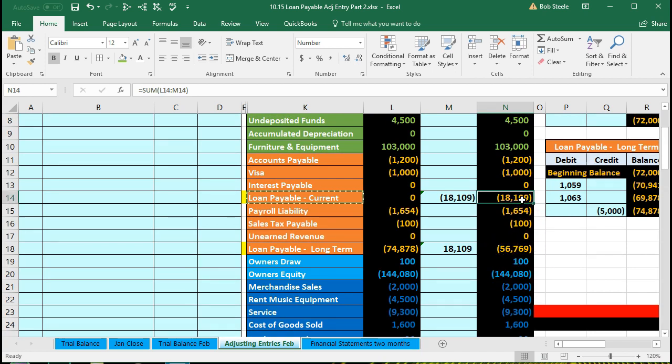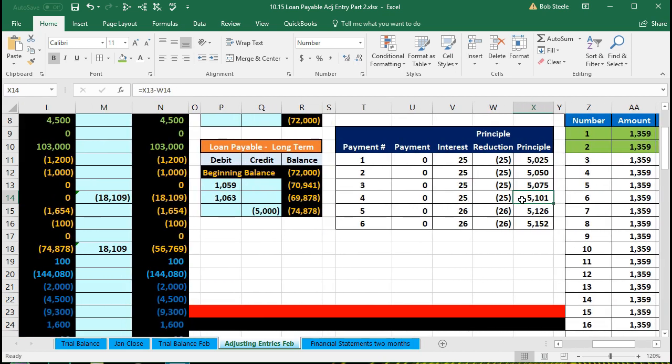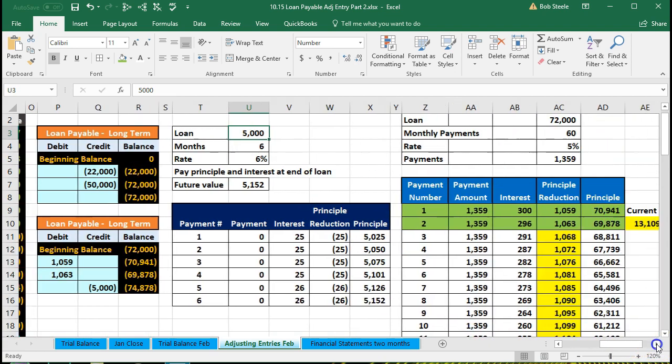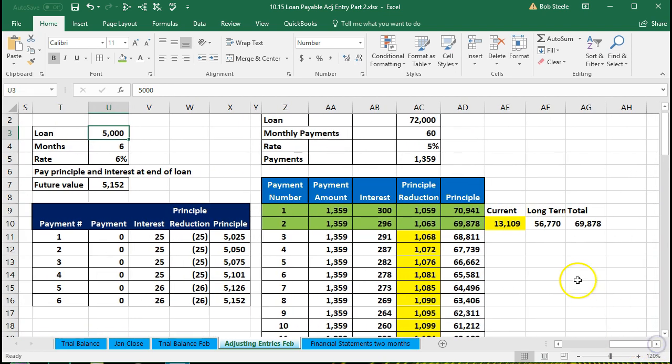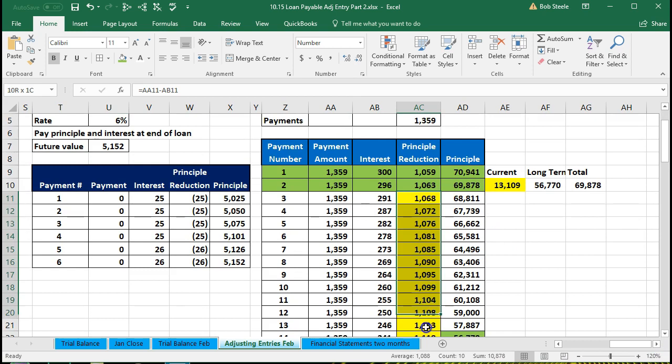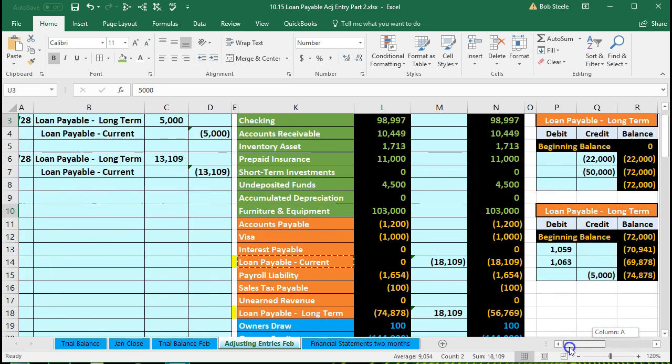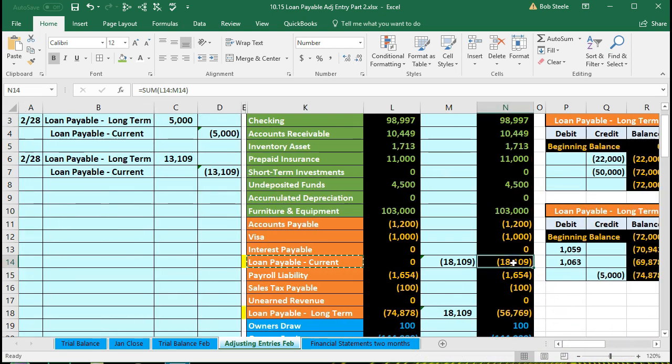Let's see if these amounts make sense in accordance to our amortization table. So we've got the 5,000, that's all short-term. So the short-term portion should be the current portion here, all the yellow items, plus 5,000 because there's two loans. It should be this and that 5,000, 18,109. That's our current portion. If we scroll back over here, we have 18,109.